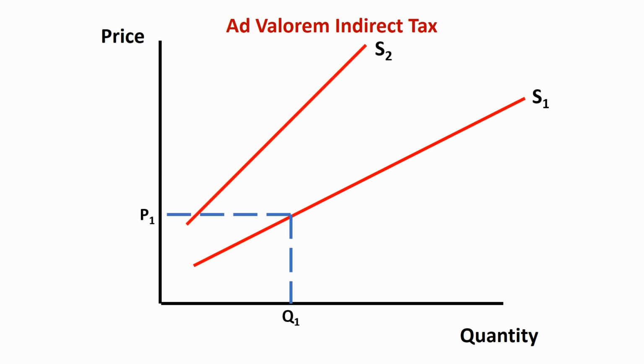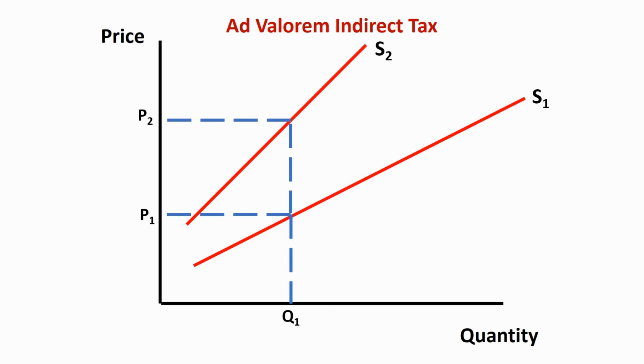So the supply curve rises with a steeper gradient than the original supply curve. Now, what this means is that for firms to continue supplying Q1 quantity of goods and services, the new price is going to have to be up at P2. And the difference between P1 and P2 is the incidence of tax at that given quantity, at that market price.